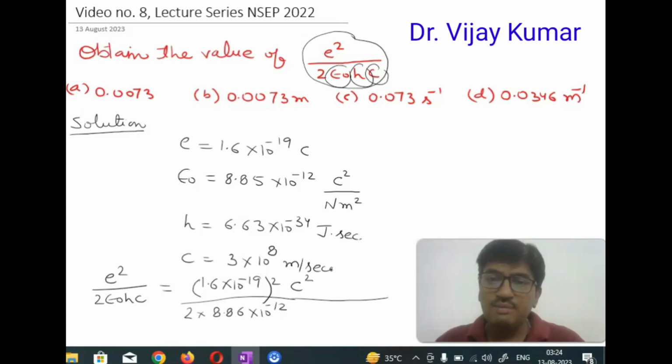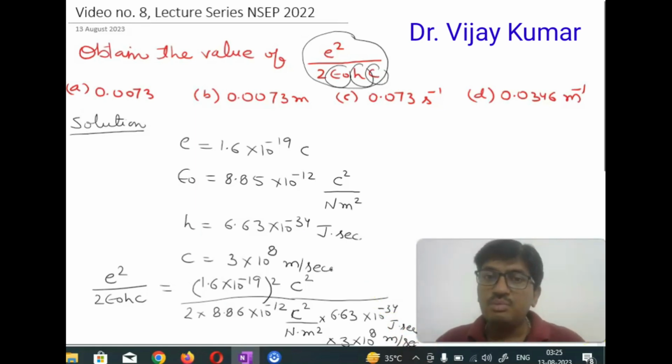This is coulomb square, and this is coulomb square upon Newton meter square. h is 6.63 into 10 to the power minus 34 joule second, and the value of c is 3 into 10 to the power 8 meter per second. We have put the value of all the parameters.